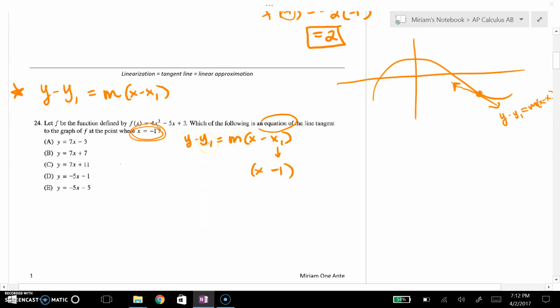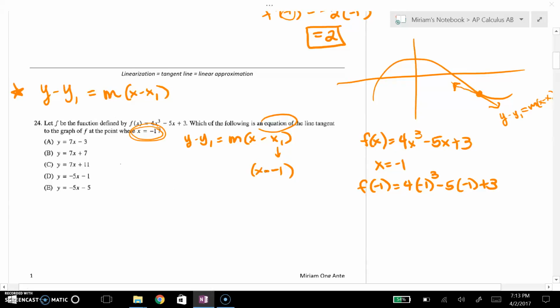Let's start with y1. If we have the function f of x, and we know that x is -1, how do we find y? Well, we just plug in -1 for every x that we see. And just to be clear, it's x minus -1 over there.